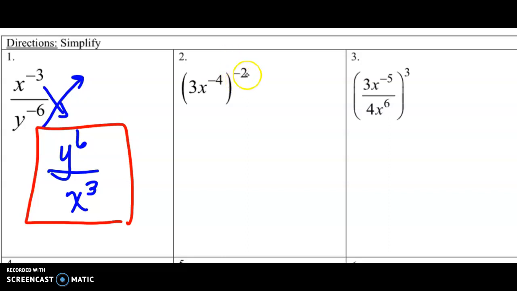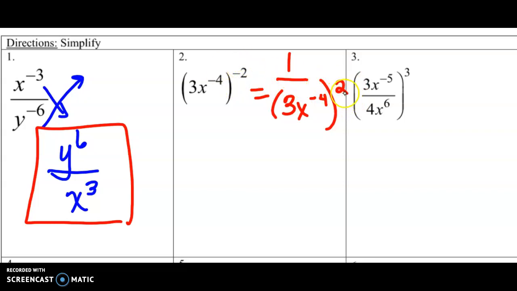When you have a whole parenthesis raised to a negative power, that moves the whole parenthesis to the bottom. So what happens here is you're going to get 1 over, because this was in the top, and then it's going to be 3x to the negative 4th power, and now it's being raised to the 2nd power, so this becomes a positive 2.